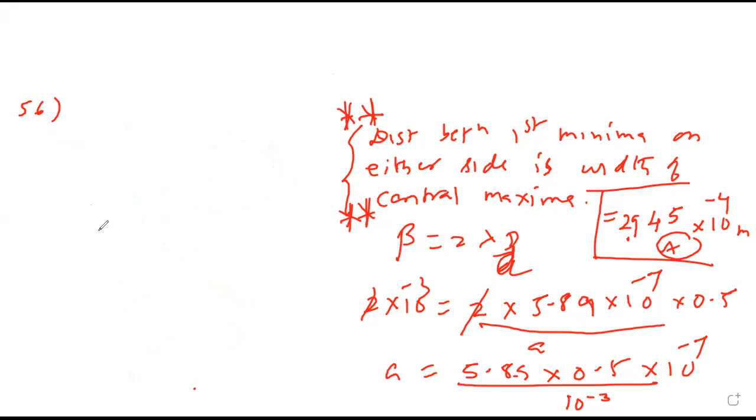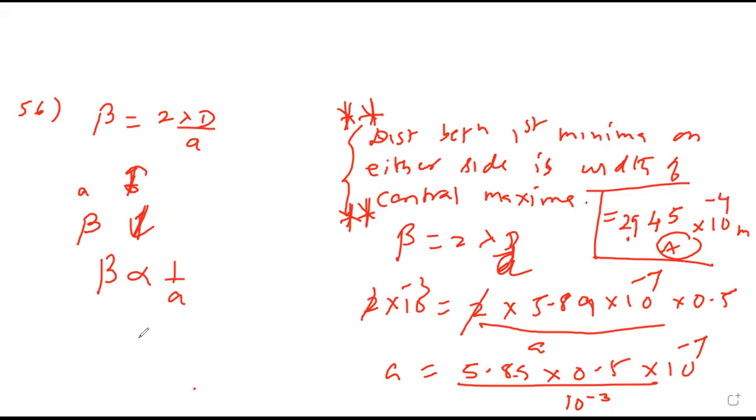On increasing the slit width, the central maxima is twice lambda D by A. So when A is increased, the central maxima will decrease because it is inversely proportional to A. So on increasing A, the central width will decrease. Option C.